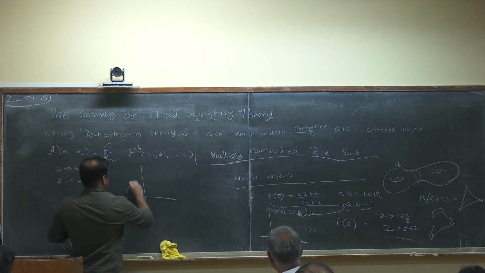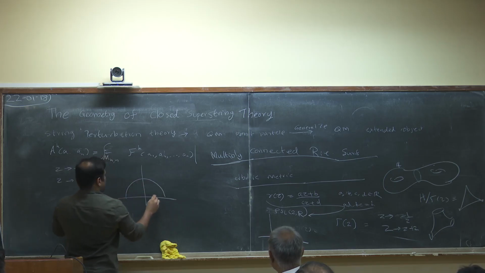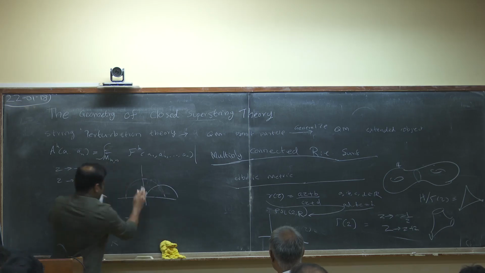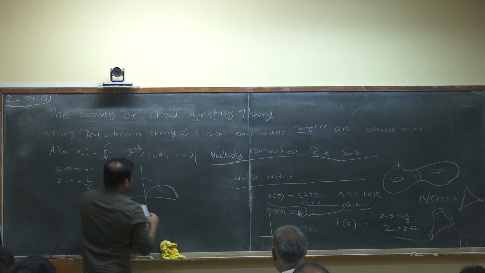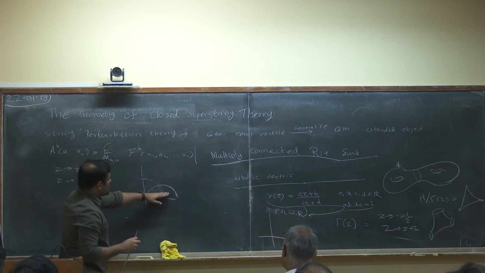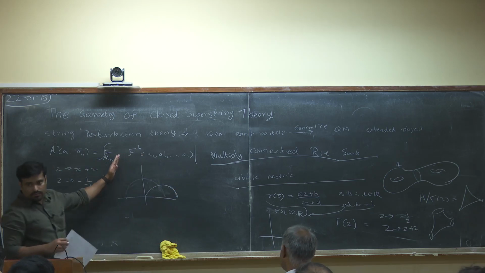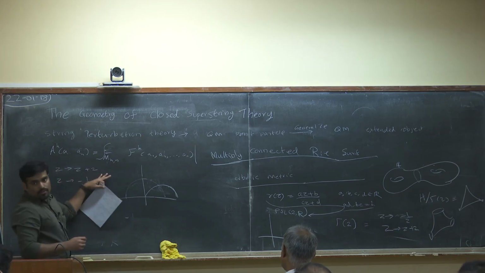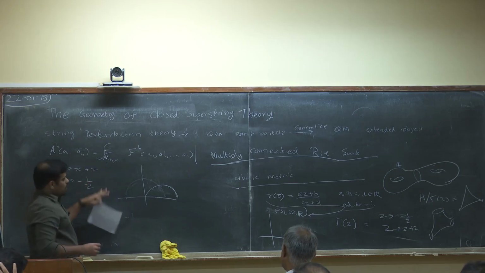So let me start with the first identification, z going to minus 1 by z. It's equivalent to saying that every point inside a unit circle will be mapped to, if I just do some appropriate shifting, a point in the outside, right? Now I have further identification, z going to z plus 2. Will the circle be centered around 0?